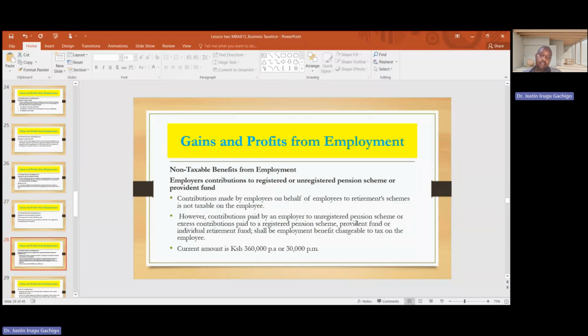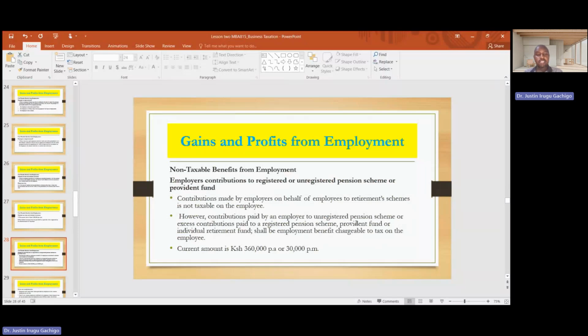Then we have contribution to a registered or unregistered pension scheme. For example, your employer pays to Zamara. Zamara is a registered pension scheme, or Britam, or CIC, or ICL Lion, or any other insurance company which has a pension scheme.